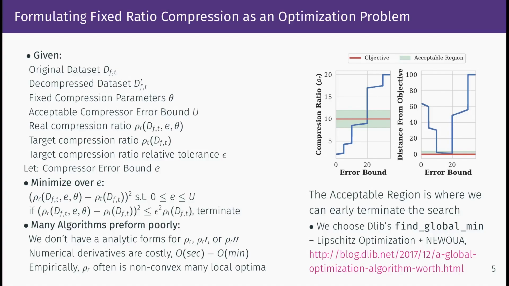Now, the problem with this particular formulation is that many existing algorithms for optimization perform poorly on this particular problem. This is for a couple of reasons. One, we don't have analytical forms for rho r, the derivative of rho r, or the gradient of rho r, or the Hessian for rho r.